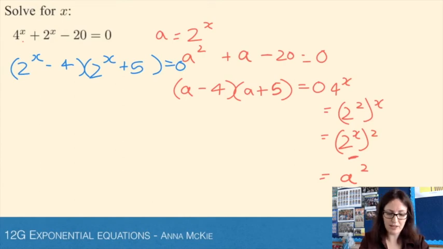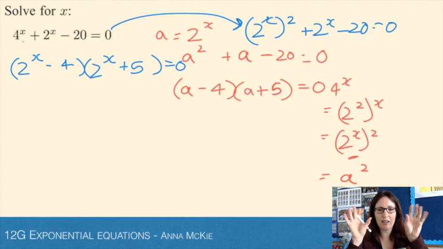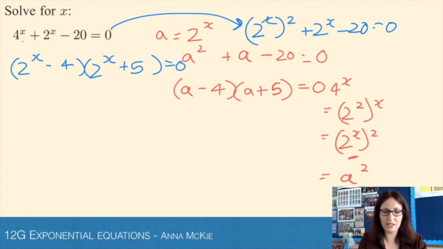As you get better at this over time, you can move straight to, you might think of it like this, the 2x squared, you'll be able to recognise that plus 2x take 20 is equal to 0. And from that, you'll get faster at factorising straight into this form without having to go into this form, but it's always very handy to know where it comes from.